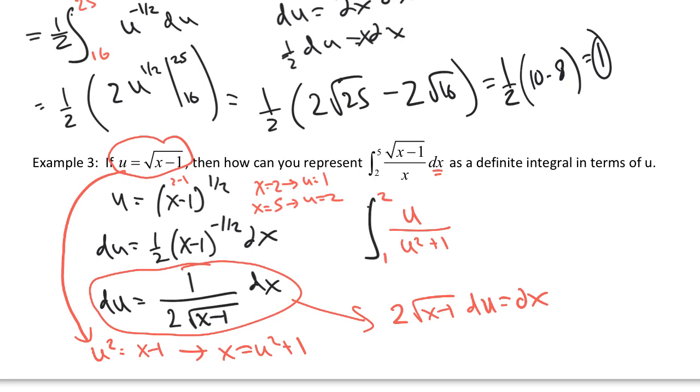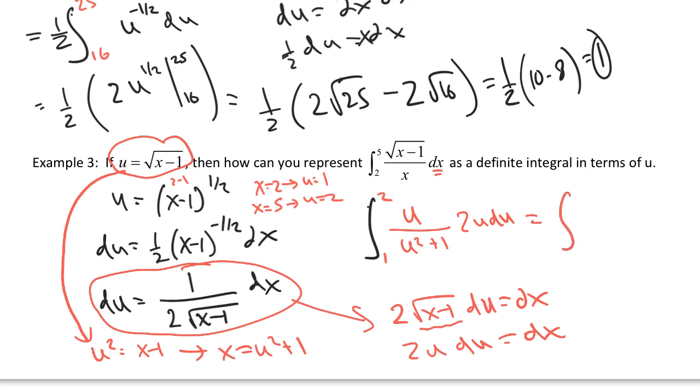Great, except it still has root x minus 1. But wait a second, I know what that is. Root x minus 1, that's u. So 2u du is equal to dx. So for my substitution here, I would say dx is 2u du. And usually you wouldn't write it like that because I can actually multiply this together.